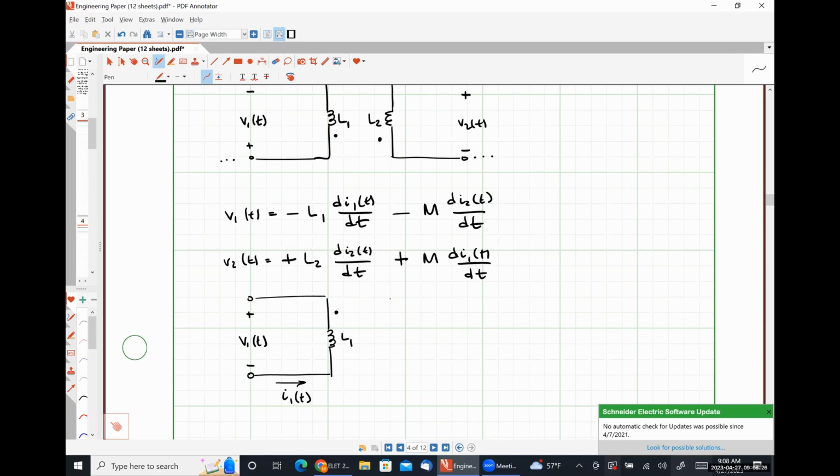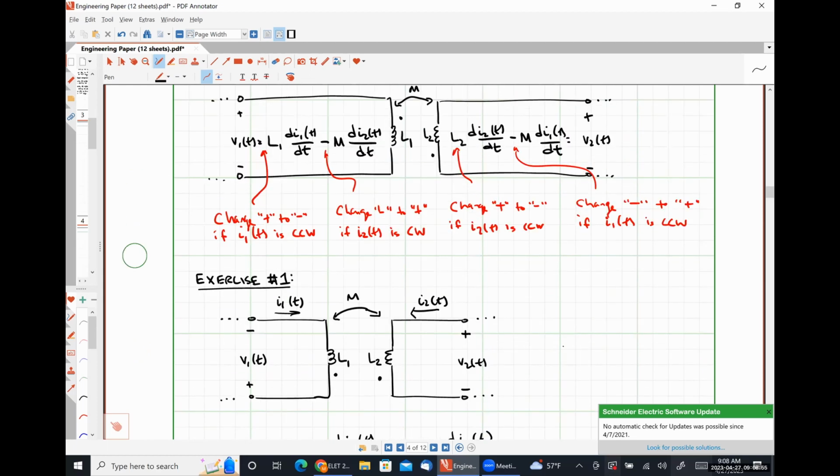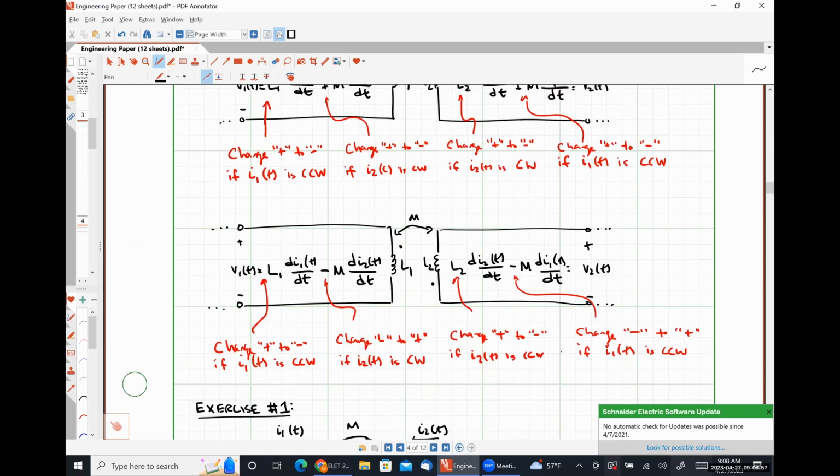I'm going to draw my second coil over here. The dot should be on bottom. Here's V2. I2 was defined like so. So to me, this looks like my dots are on the opposite side configuration, right?